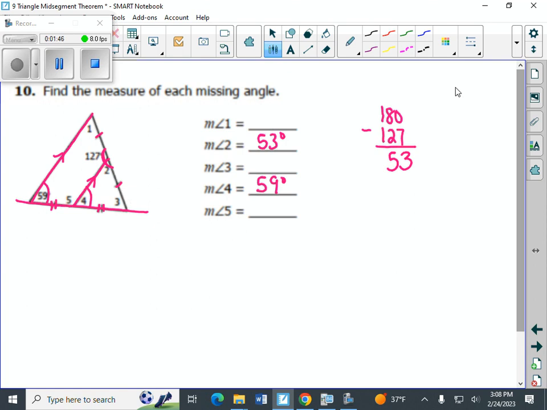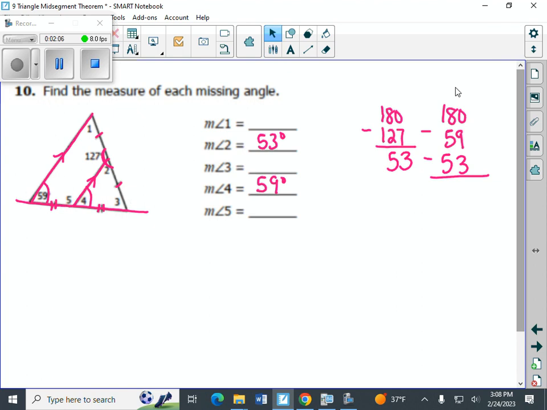Remember that there are 180 degrees in a triangle, so we can figure out the measure of angle 3. What we do is we take 180 minus our 59 and minus the 53. And when we subtract that, I'll flip over here to the calculator.